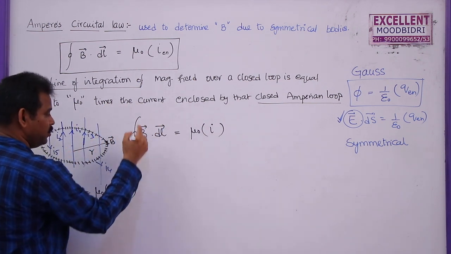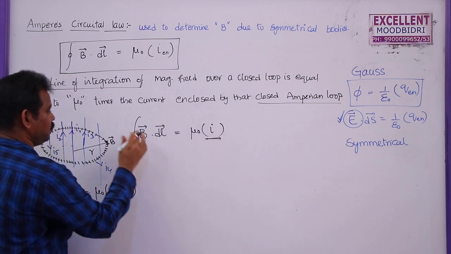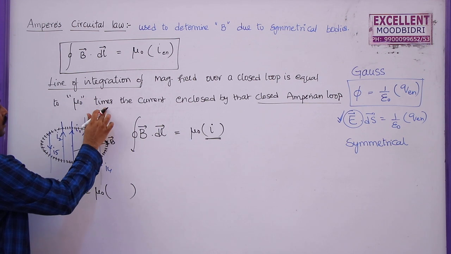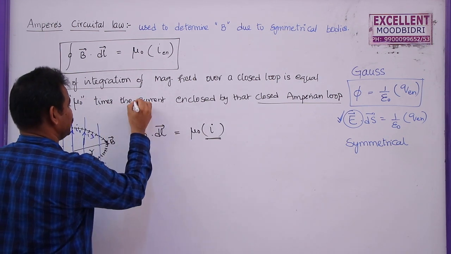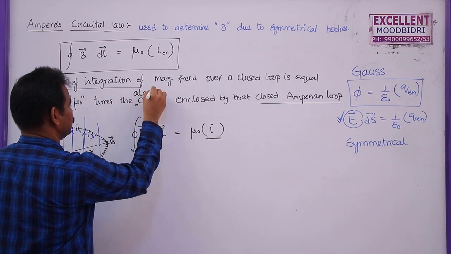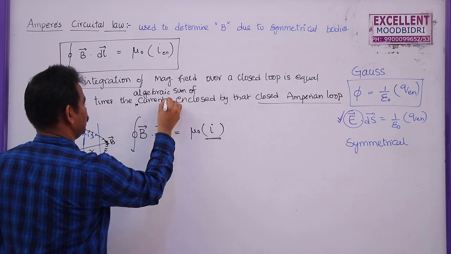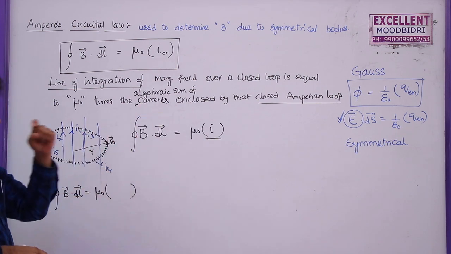So if there is only one conductor, you can use this statement. If there are more conductors, mu naught times the algebraic sum of the currents enclosed by that closed loop.